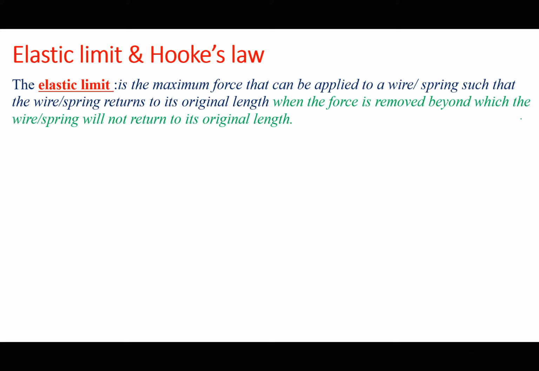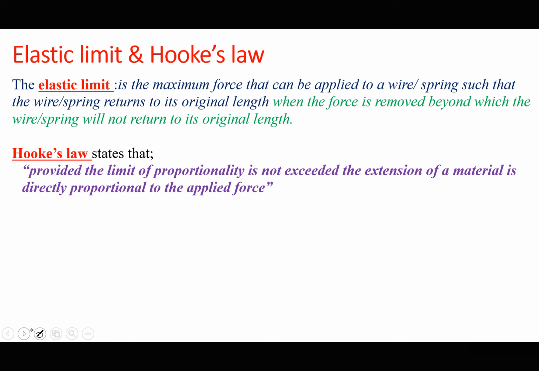So we said for small extensions, the load was directly proportional to the extension. For small forces, we saw that the extension was directly proportional to the load, which gave us a straight line. And this therefore leads us to what we call Hooke's law that you mentioned in IGCSE. So Hooke's law states that provided the limit of proportionality is not exceeded, the extension of a material is directly proportional to the applied force or to the load. That's why in the previous graph we said Hooke's law was obeyed in that region where we had a straight line.